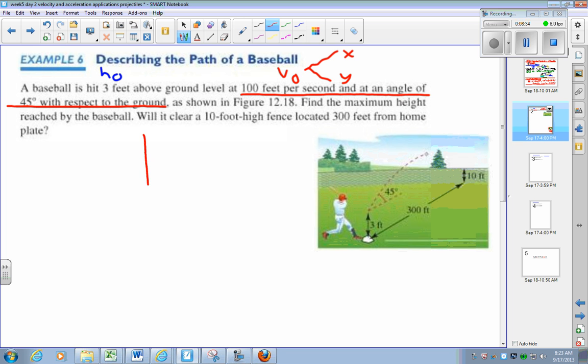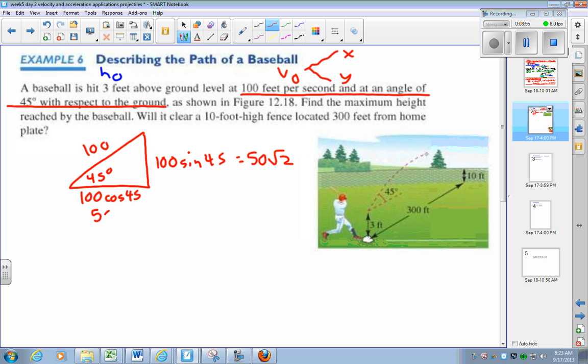So visually, if you want to see it, this is 100. Here's 45 degrees. So this is 100 cosine of 45, and this is 100 sine of 45, okay? Which happens to be, in this, 50 square roots of 2, and, of course, 50 square roots of 2.